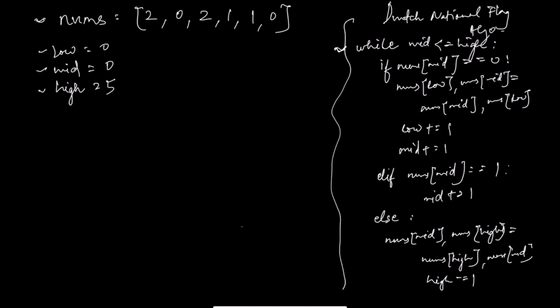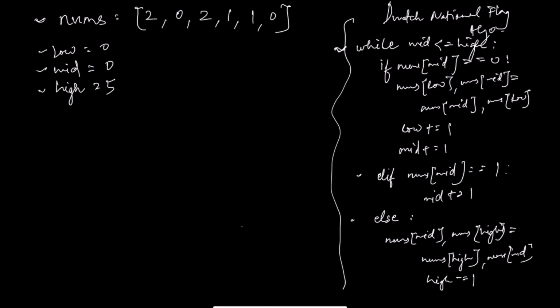Is our nums of mid equal to 0? When we see our nums of mid, that is 2, 2 is not equal to 0, then we come here, 2 is not equal to 1. So we will come to the else statement. We will swap our nums of mid and our nums of high.